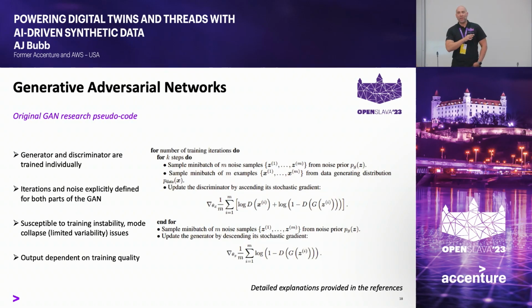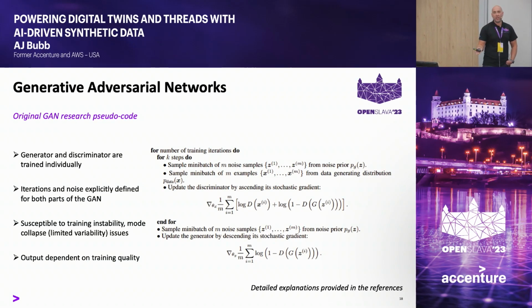I threw in a little bit of the pseudocode and math behind the generator and discriminator network, and I wanted to close on a couple key things to think about when you're using a GAN, right? Both the discriminator and the generator are trained separately in the beginning.